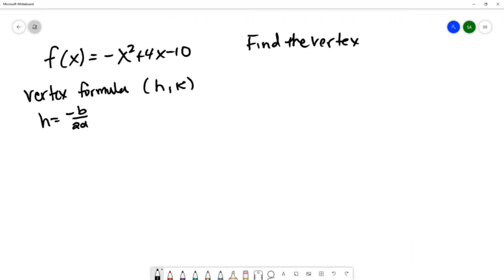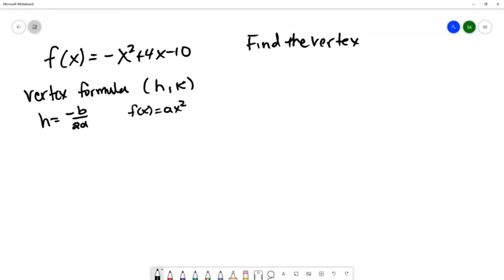Those a's and b's: we typically write a quadratic equation in two different forms, vertex form or general form. This one is written in general form, where we have ax squared.